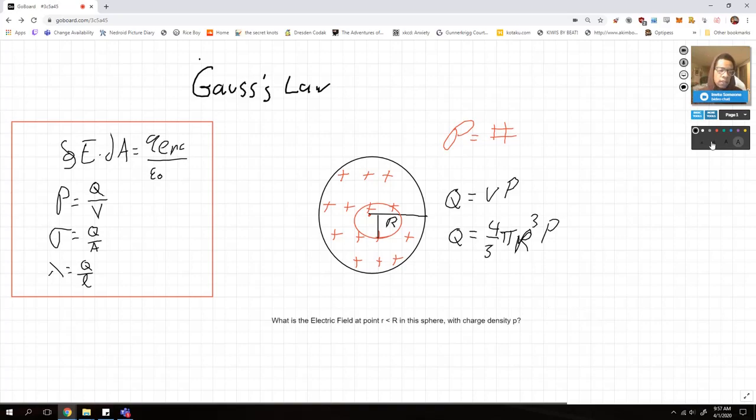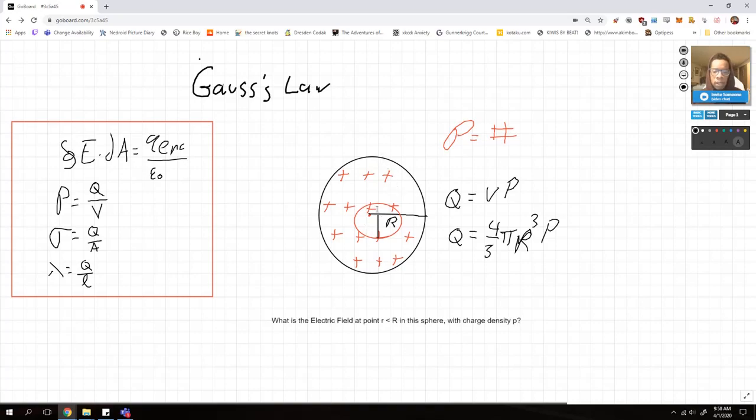Now before, with Gauss's law, all we had to do was figure out the area of our Gaussian surface, and then plug in the Q they gave us if we were outside the sphere, or our Q enclosed would be 0 if we're inside.